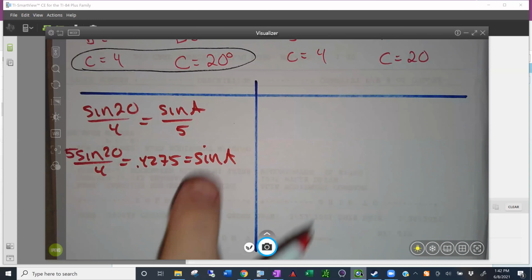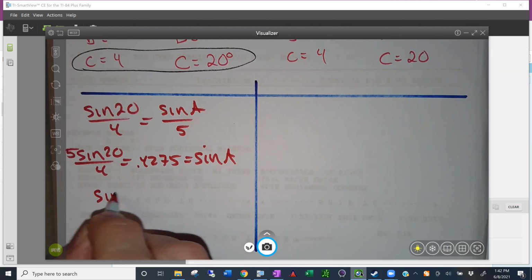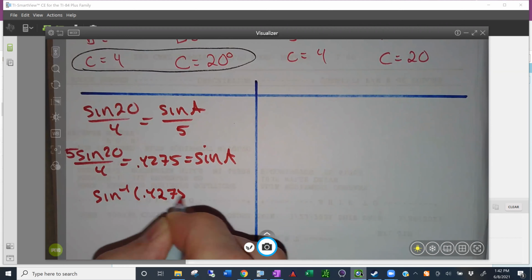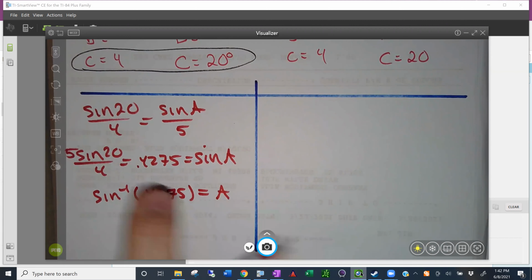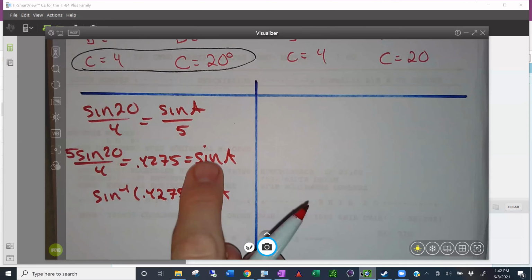So what would I do to find A? Take the inverse of that. Awesome, thank you, Reagan. It's going to be the inverse sine of 0.4275 equals A. I'm really taking the inverse sine on both sides, but on the right-hand side, the inverse sine and sine cancel each other out.